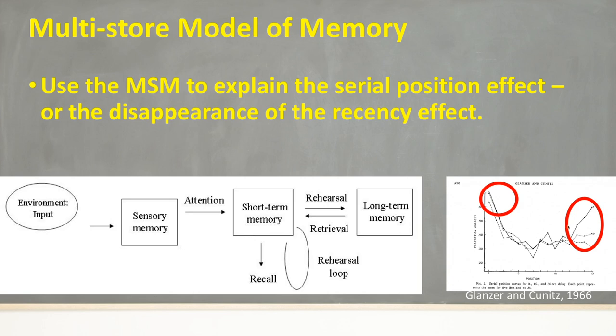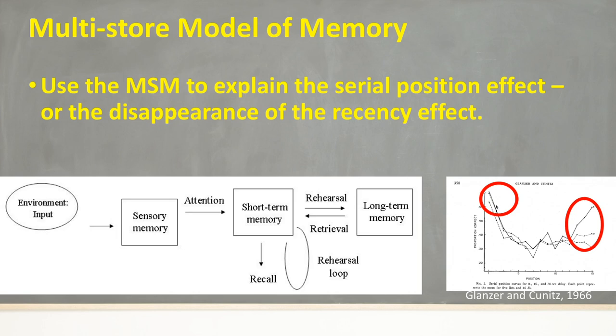So why does this effect disappear because of the 30-second time delay? Well, it's to do with this idea of rehearsal. If you block someone's rehearsal, after 30 seconds, that information hasn't been able to transfer to the long-term memory. And also, 30 seconds is longer than the duration of our short-term memory. So it's no longer in our short-term memory, and it hasn't been able to be rehearsed to the long-term memory.